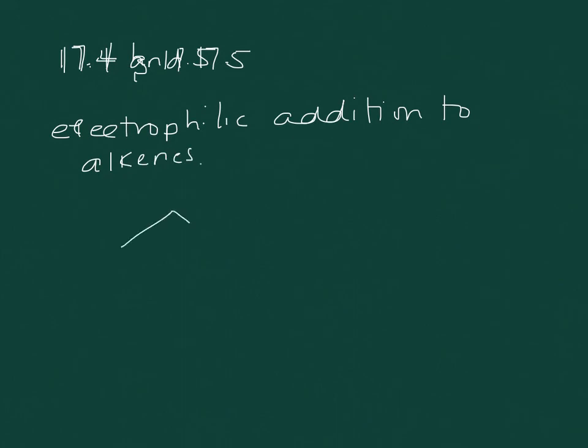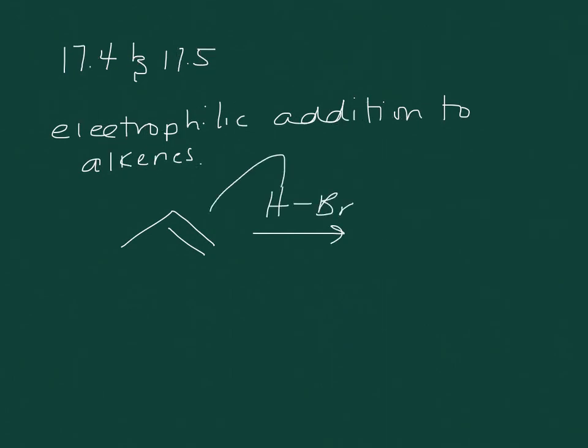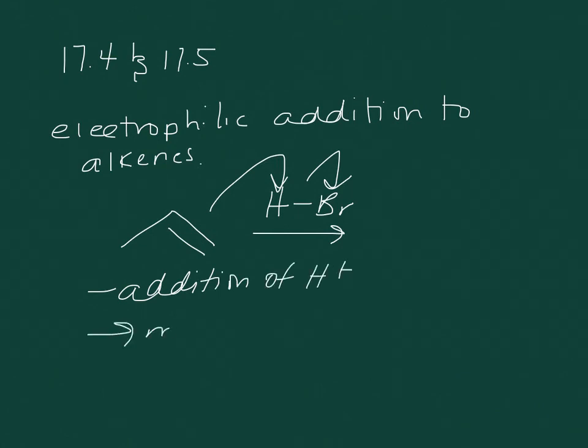When we have an unsymmetric alkene, the first step is addition of H plus, and then we're going to make a carbocation.